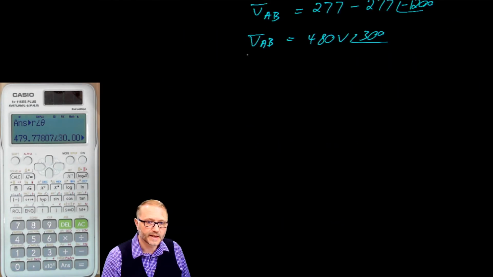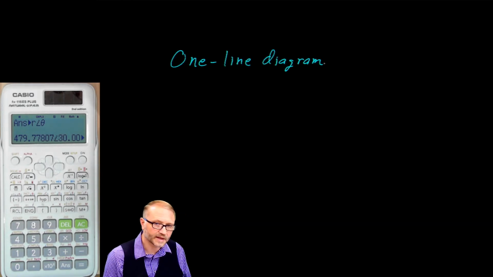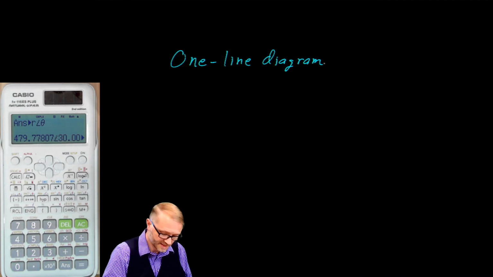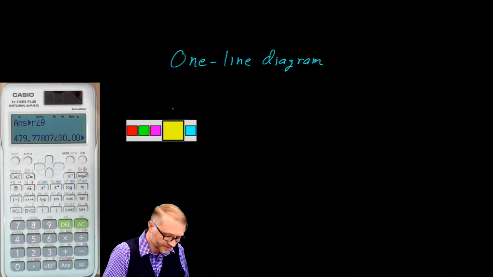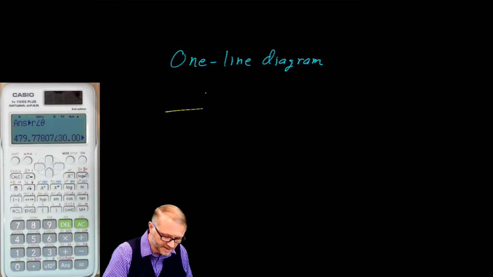This is a good time to start our talk about three-phase transformers, but before we do, I wanted to mention the one-line diagram, as it will make our discussion much easier. For example, in our previous problem, we presented a factory. And if you were to make a one-line drawing of that factory, it would look like this.